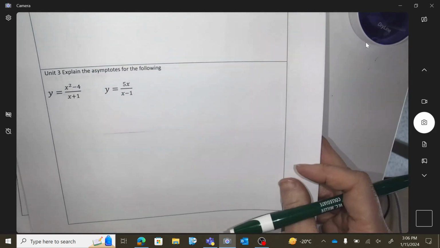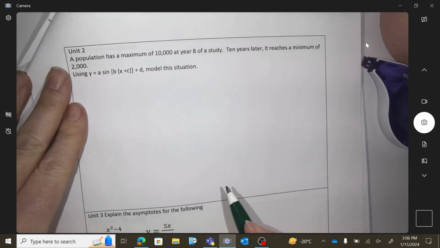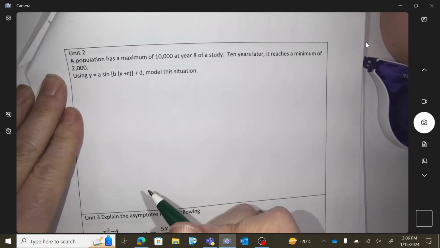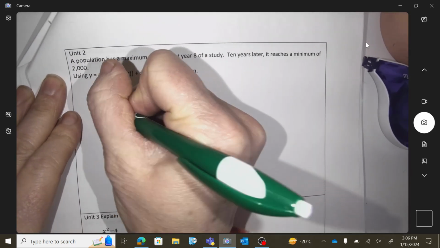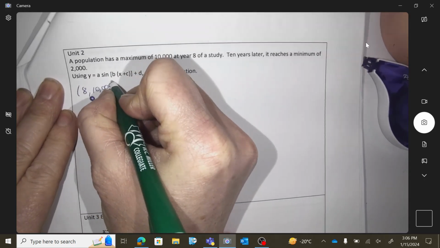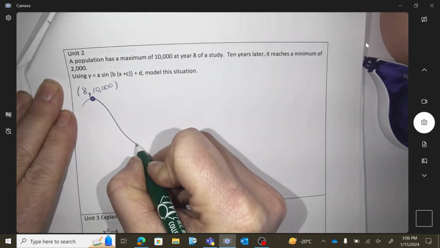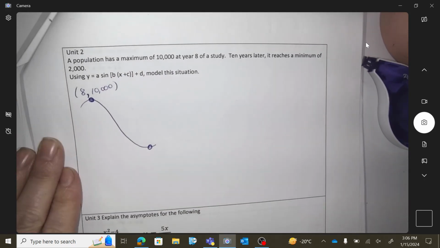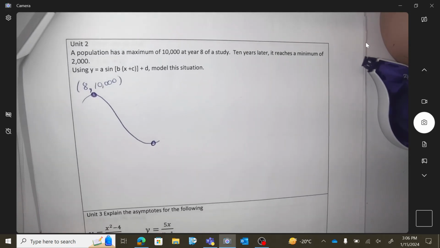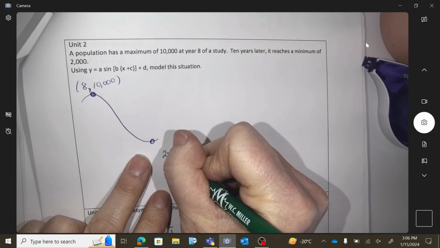Okay, the last one today. Oh, yeah. We had a max of 10,000, and it keeps going. 10 years later, we reached a minimum of 2,000.